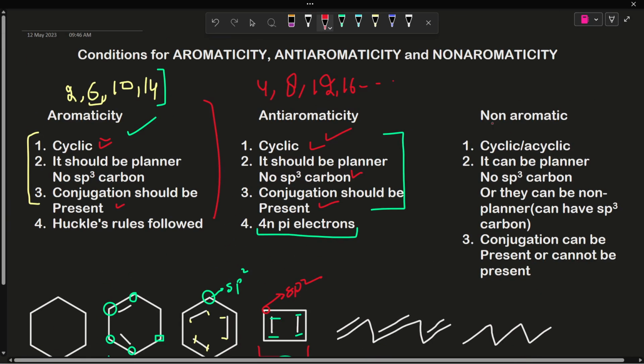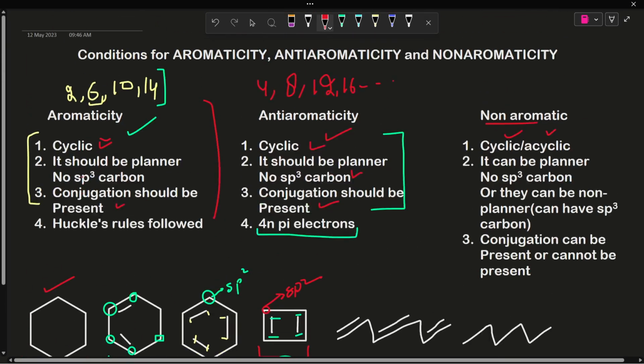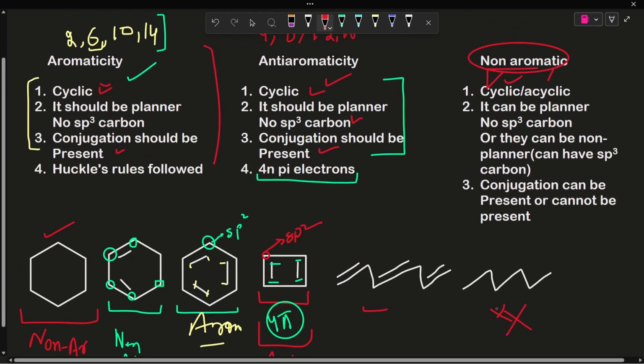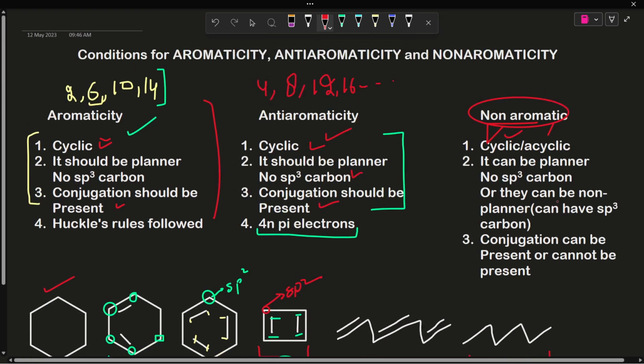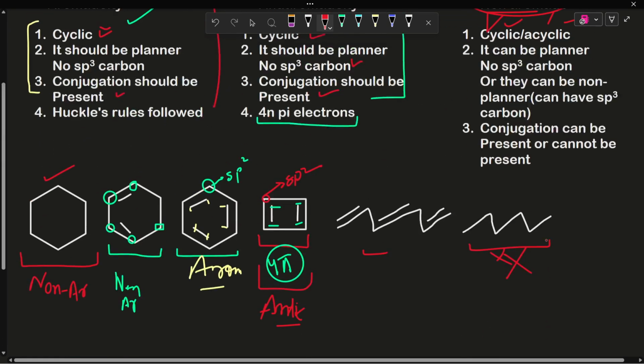But it is non-aromatic, because non-aromatic can be either cyclic or acyclic. This one is acyclic and thus non-aromatic. If any compound is acyclic, you should classify it as non-aromatic.